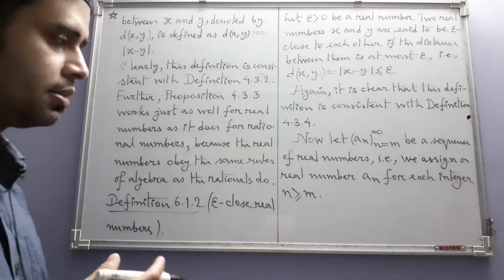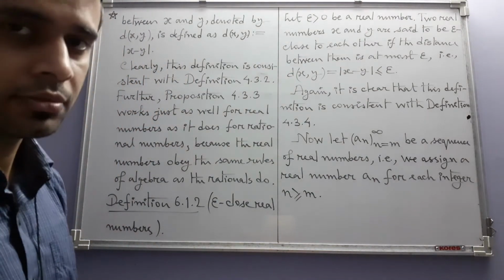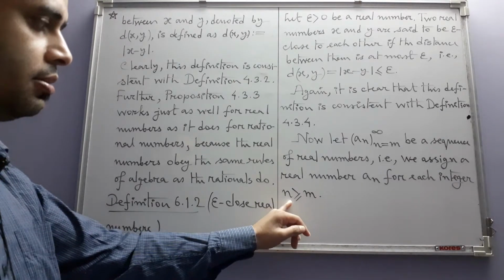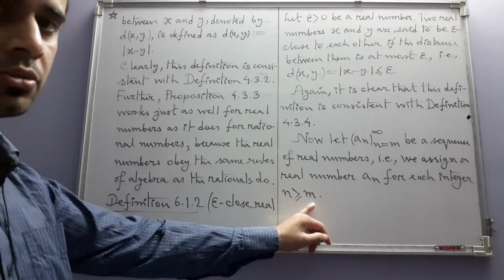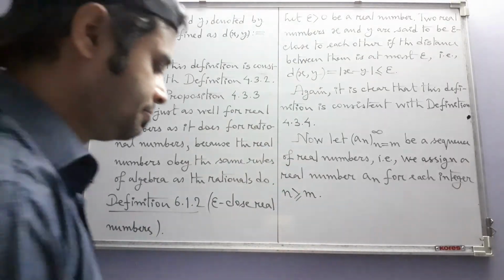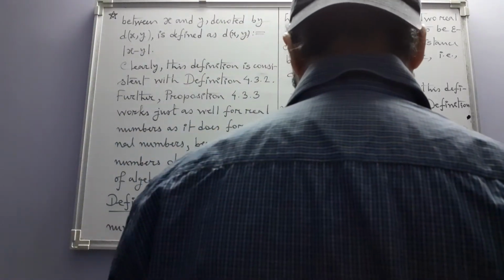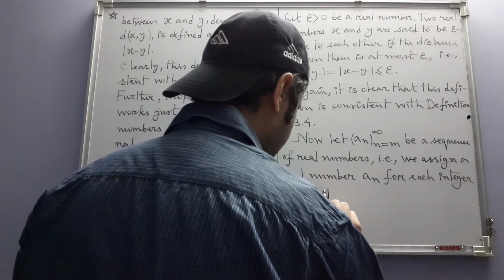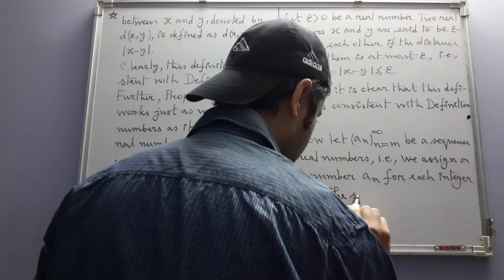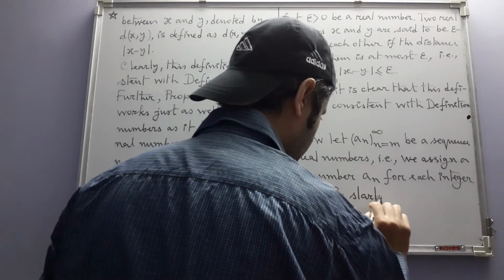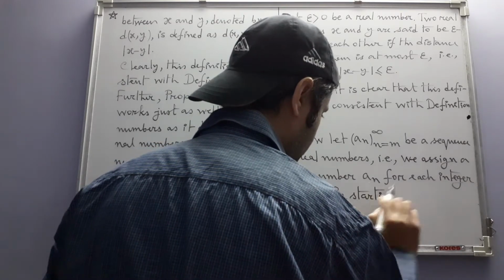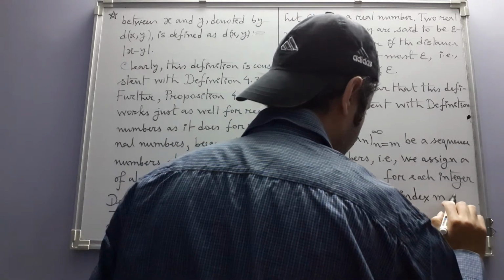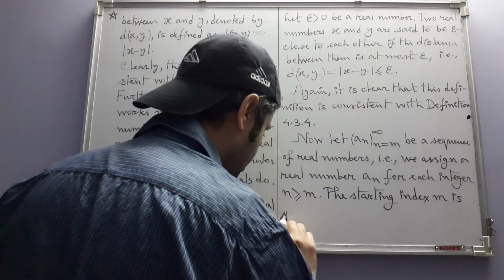So a sequence of real numbers is really after all a function which assigns to each integer n greater than or equal to m some real number. The starting index m is some integer.